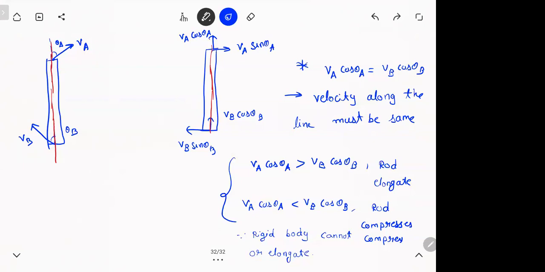Now, if I use this, I can extend this a little more. If two surfaces are in contact, so let's say two surfaces are touching each other, then velocity along the common normal should be same.